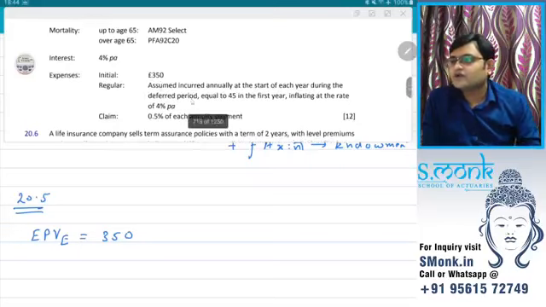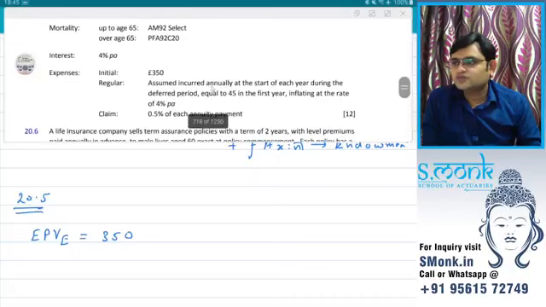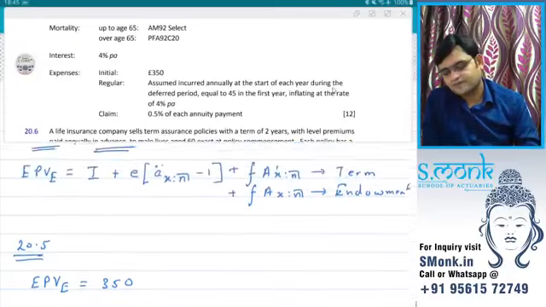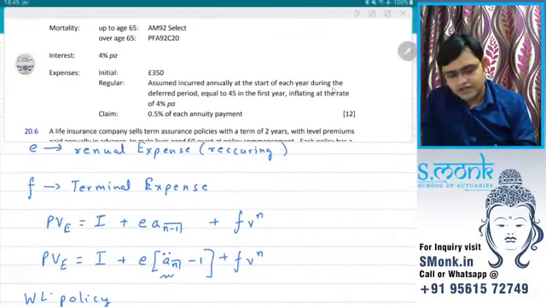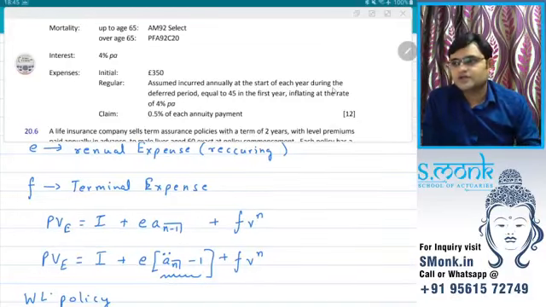Then we have regular expenses assumed incurred annually at the start of each year during the deferred period, equal to 45 in the first year, inflating at the rate of 4% per annum. They can mention that our recurring expenses start from the second year, or that they start from the first year itself.